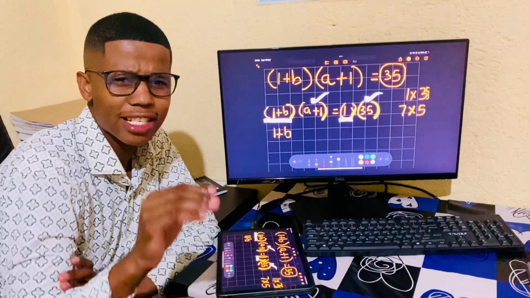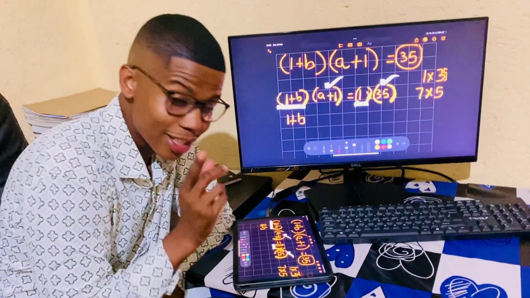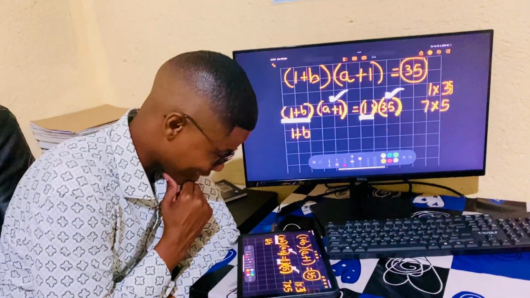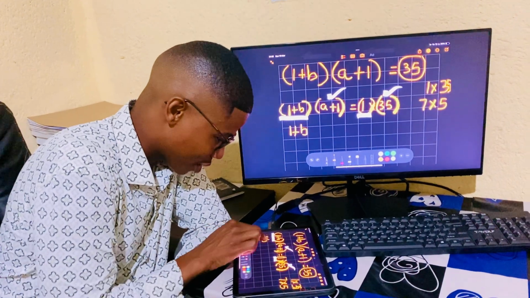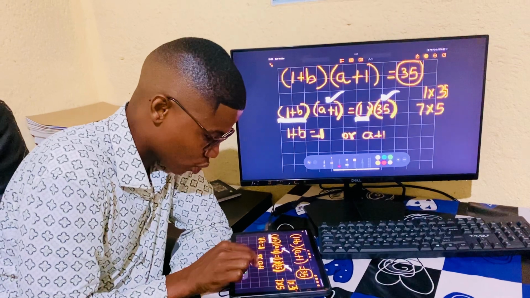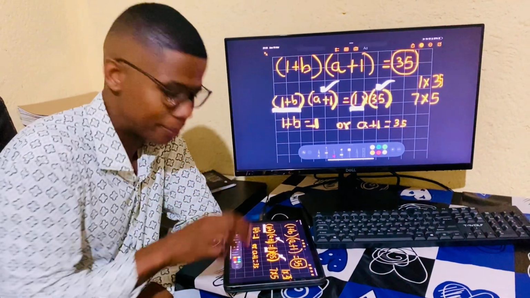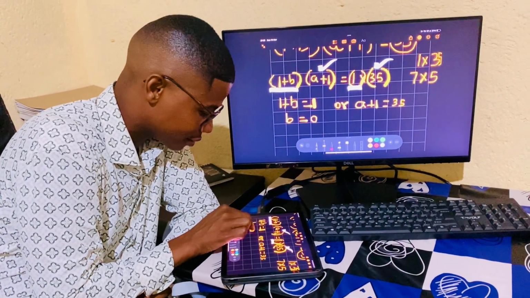A and B, remember, are just cows and goats. But let's hope they won't need more goats than cows, right? So here we have 1 plus B equals 1, or A plus 1 equals 35, right? We're just pairing them. And then I can see that B equals 0.